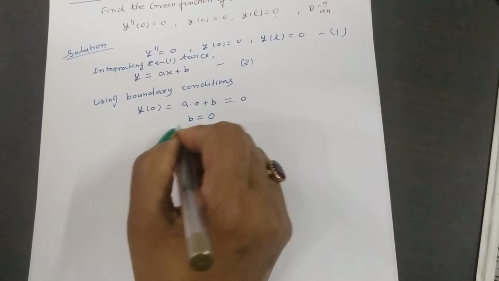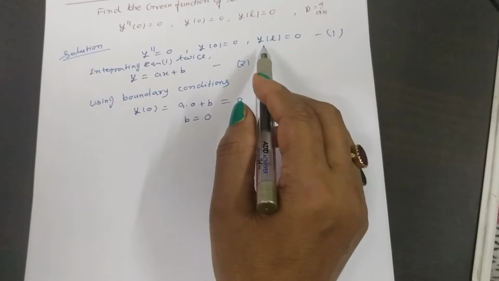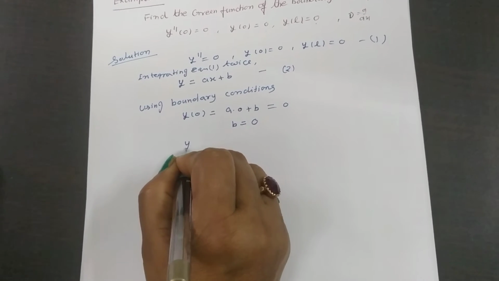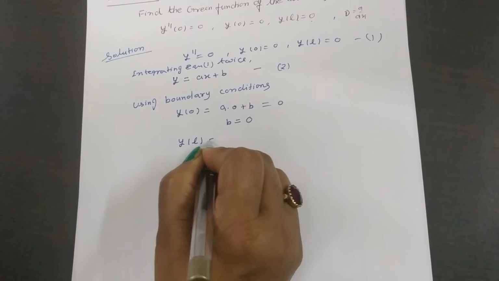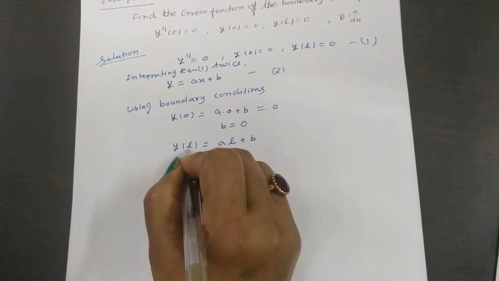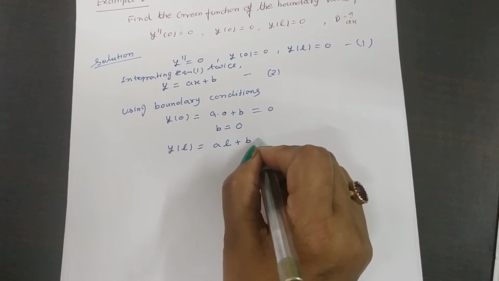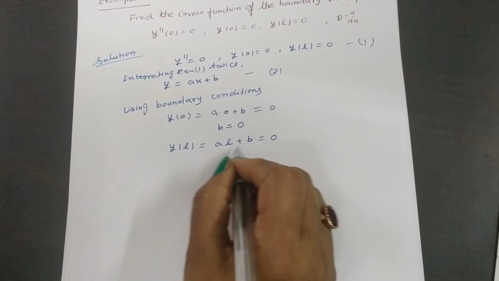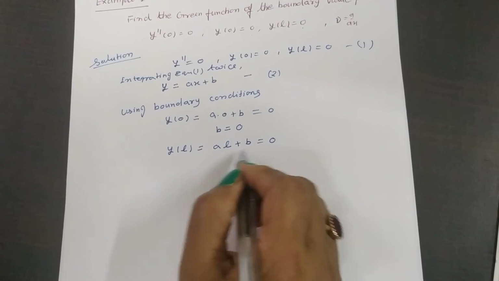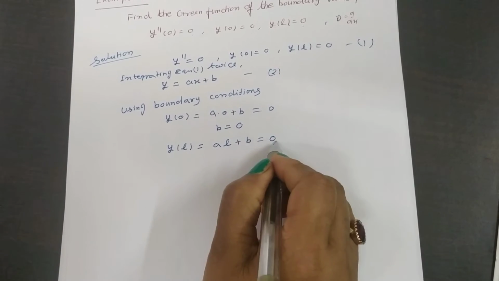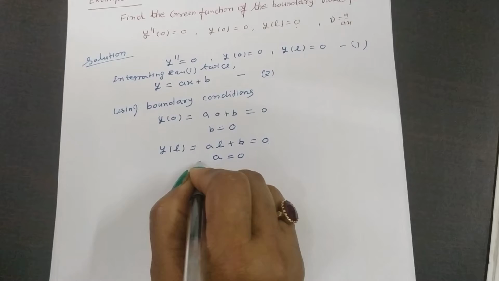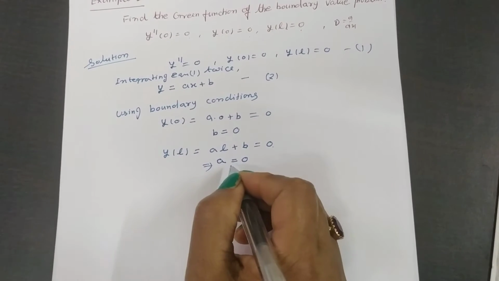Now using the next condition, y(L) is equal to 0, so aL plus b is equal to 0, and since b is 0, aL plus 0 is equal to 0. This implies that a is equal to 0.